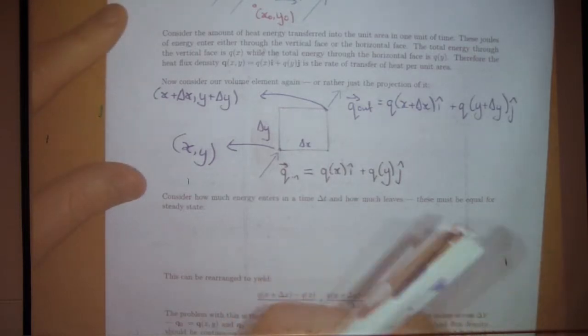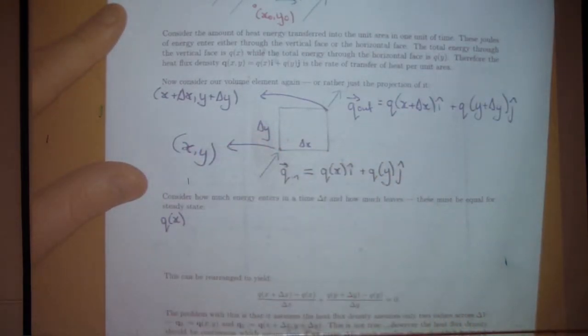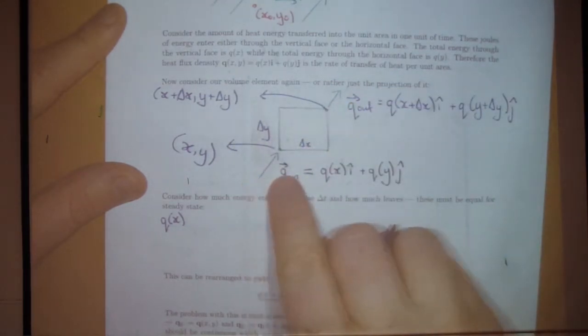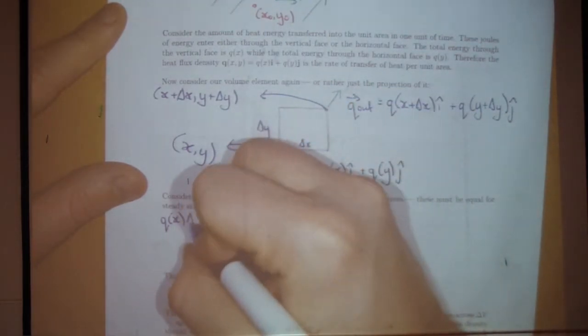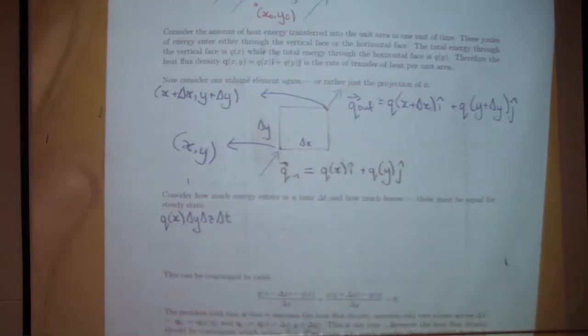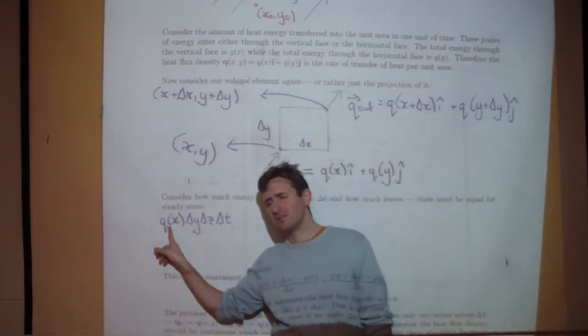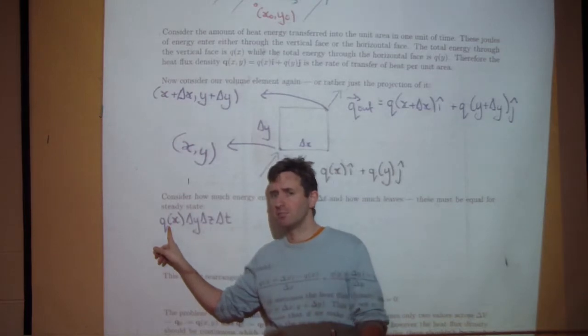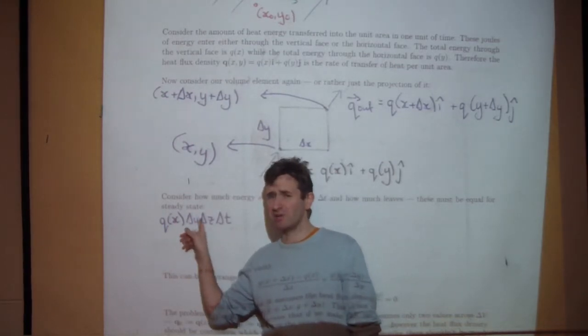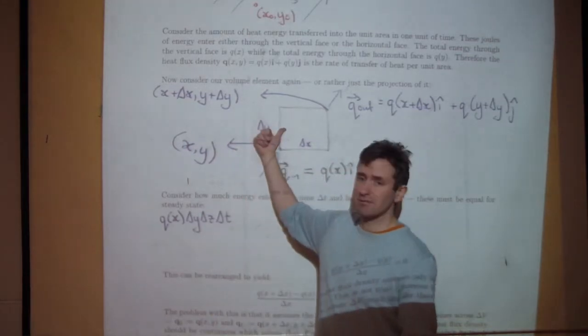So the heat in we get is Q of x, the heat flux density in the x direction, times the area, which is delta y, delta z, times the amount of time. The idea is that this is a heat flux density, heat energy per meter squared, so per area, per time. So multiply it by area, multiply it by time. This is the amount of heat that goes through that face.